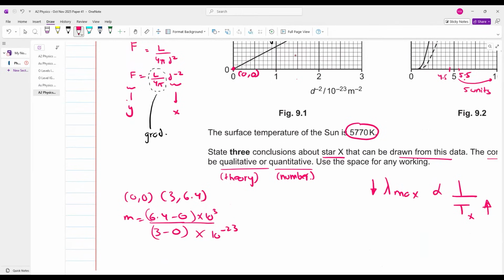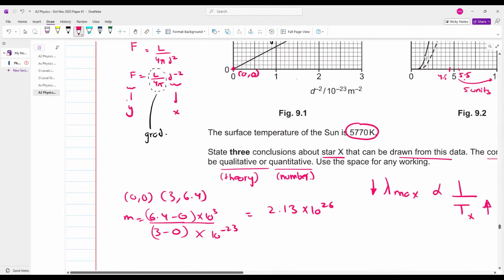Can you calculate the gradient? 6.4 times 10 raised to the power of 3 divided by 3 times 10 raised to the power of minus 23. The gradient comes out to be what? 2.13 times 10 raised to the power of 26.